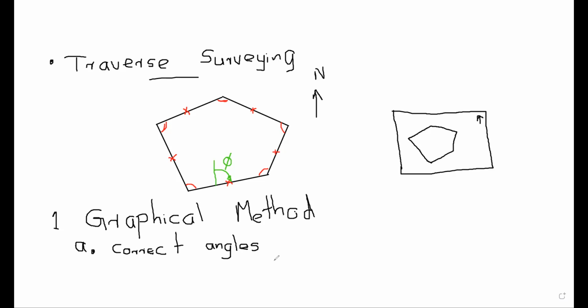In this case, can you realize whether these measurements contain any error? Of course you can, because we know we have measured internal angles of a polygon.